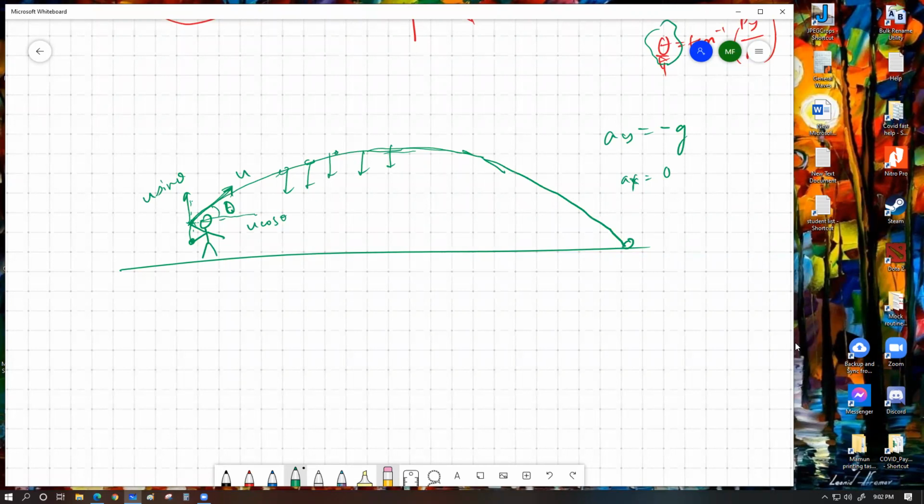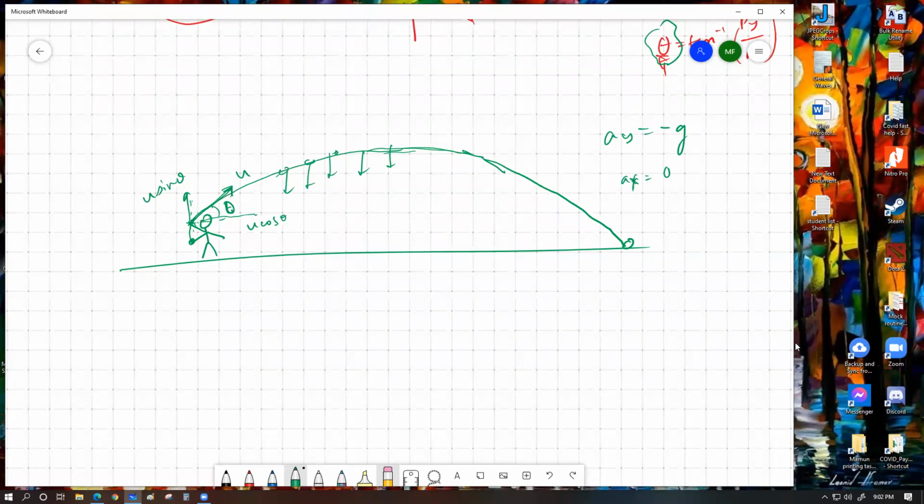Because you have to understand, the instant it actually contacts the ground, it's going to start applying some force on the ground, and by Newton's third law, the ground is going to start to apply some force on the rock as well, which means the moment it touches the ground, it will suddenly start to experience two different forces. One is weight, which is the default one, and the new force is the reaction force from the ground. So the moment it hits the ground, we are not going to define this motion as a projectile motion.